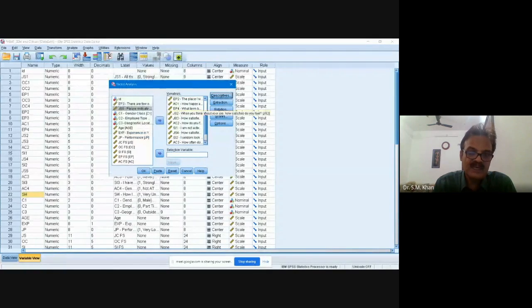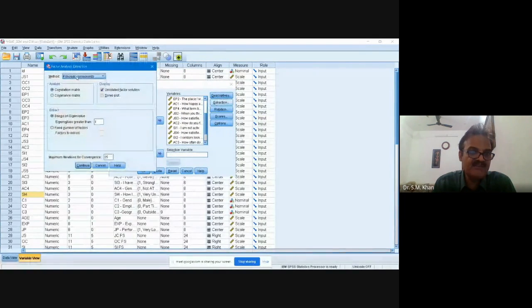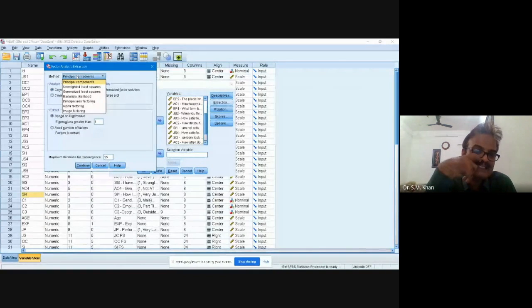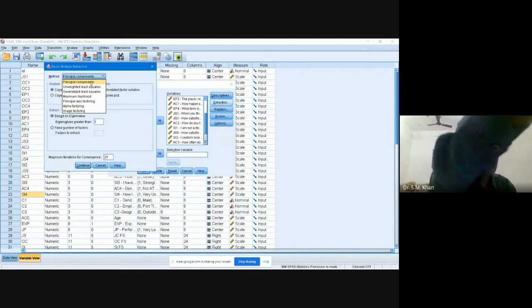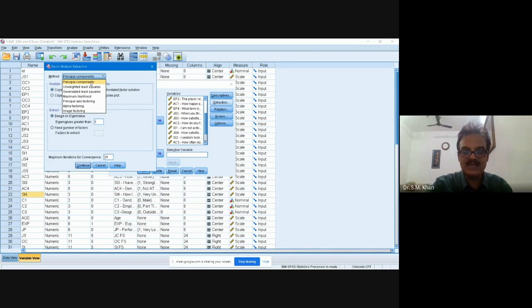Continue. Extraction. There are different methods for extracting the variable into the meaningful factor. Friends, these methods are related to different type of data set and discipline as well. In social sciences and educational sciences, we expect the normal distribution. So when the normal distribution of the data set is expected, then we will go for the principal component analysis.